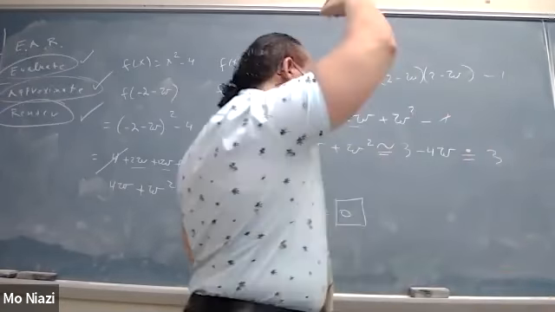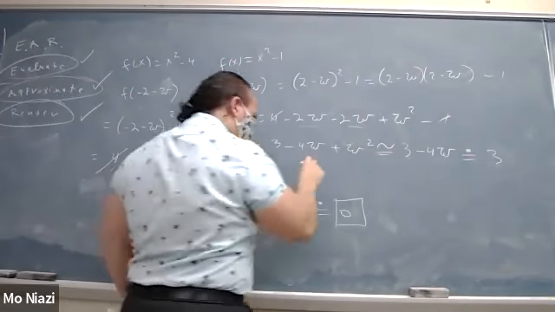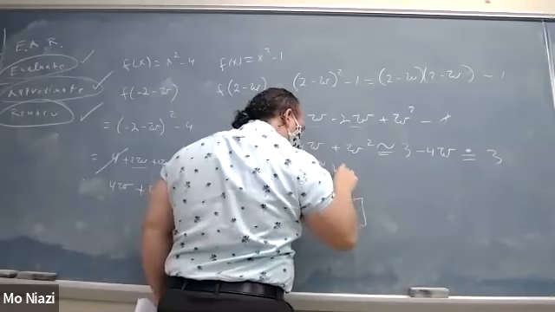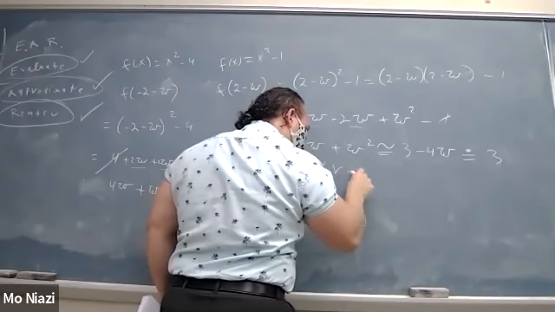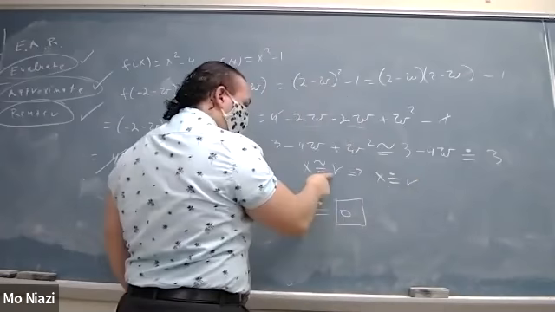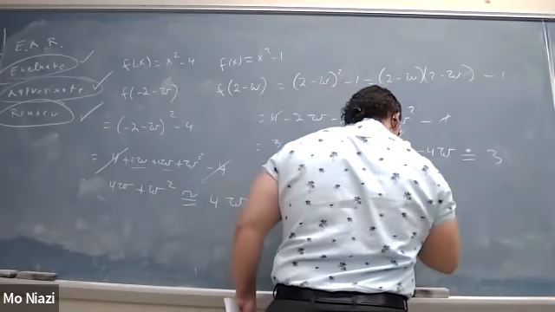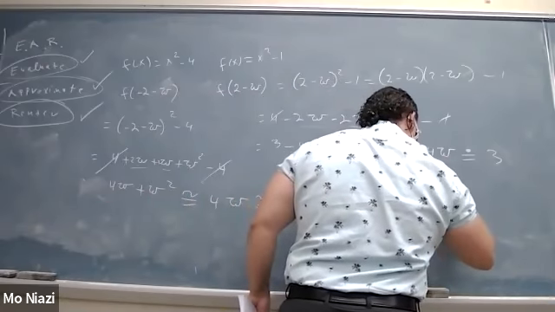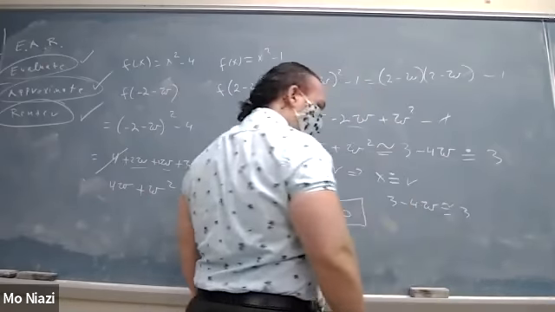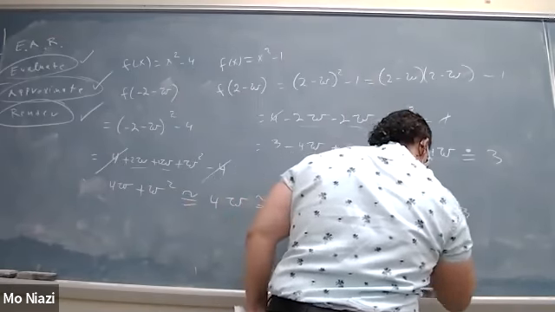Because if you go back to the definitions of the 3 R's principle, it said if a hyperreal number x is approximately a positive real number, that means it renders that result to be R. Here, our x is our 3 minus 4 omega. 3 minus 4 omega is approximately 3. So we say that it renders the real result 3.